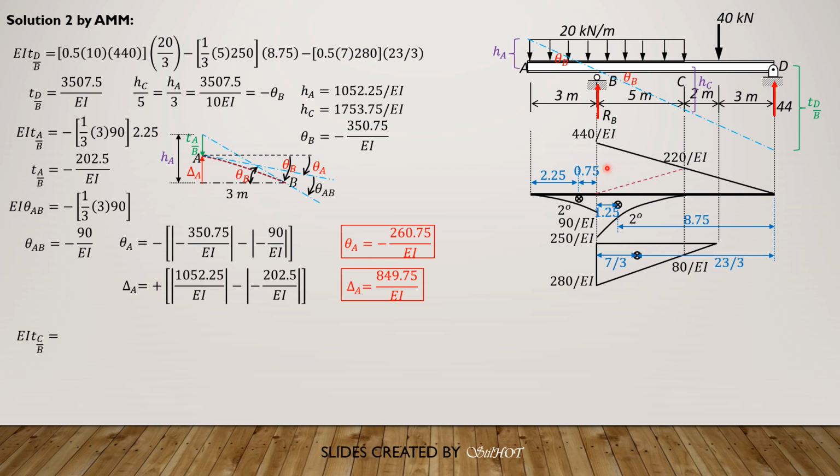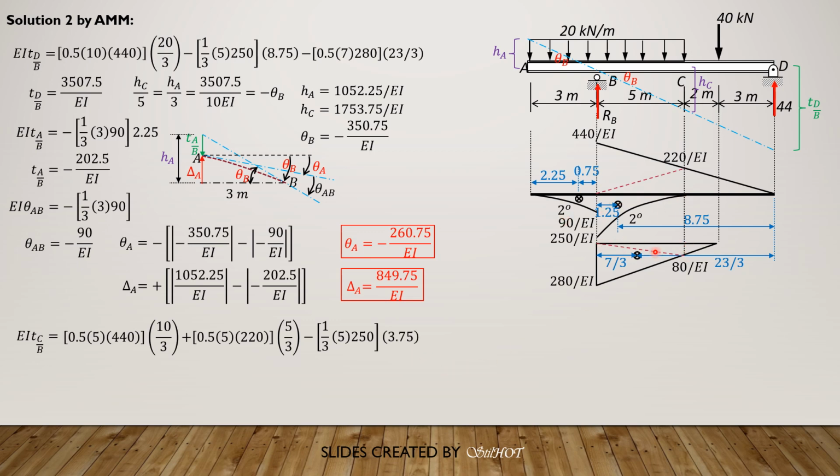So we have quantity 1/2 of 5 times 440 over EI times 2/3 of 5. 2/3 of 5 is 10/3 plus 1/2 of 5 times 220 over EI times 5/3. Then minus quantity 1/3 of 5 times 250 over EI times 5 minus 1.25 is 3.75, because we sum up moment about C.